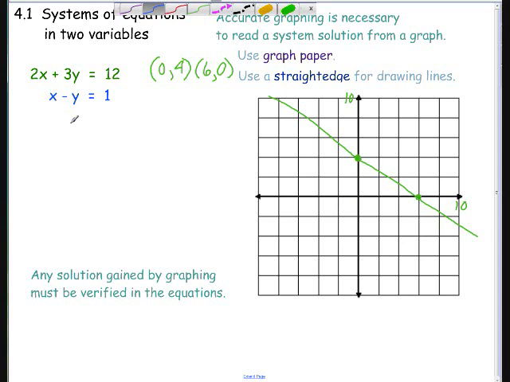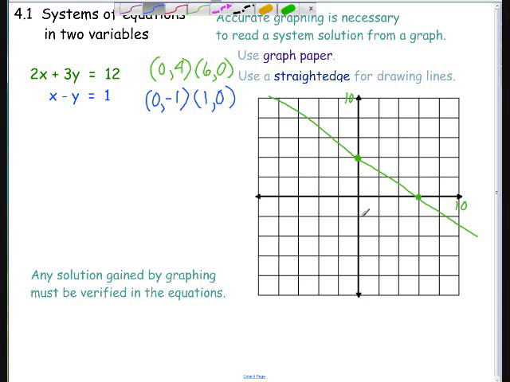Now we'll try this one. I'm going to use the same method. First we'll say when x is 0, what will y be? That's right, -1. When y is 0, what will x be? All right, so we'll graph those 2 points.